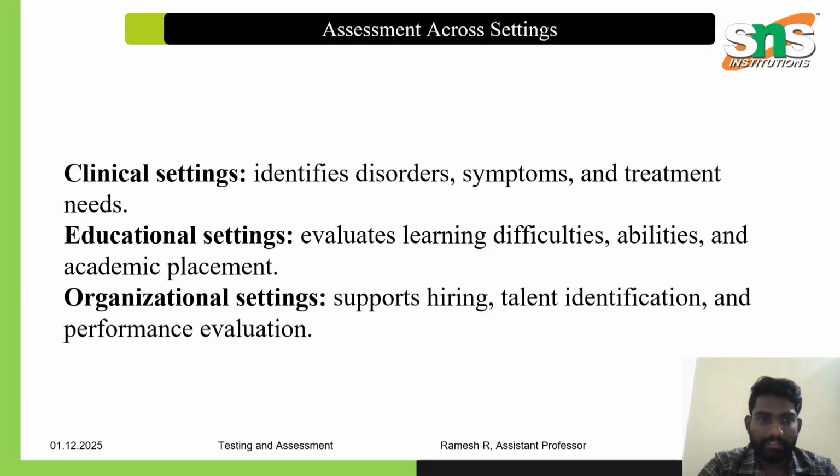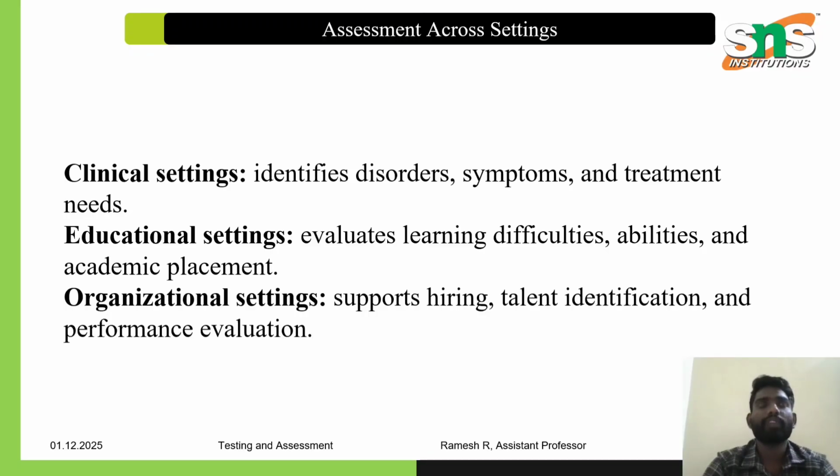Assessment across settings. Assessment in clinical setting helps to identify disorders, symptoms, and treatment and diagnosis plan. It helps to understand the different kinds of disorders that a person has and their symptoms, why he behaves in a certain way.